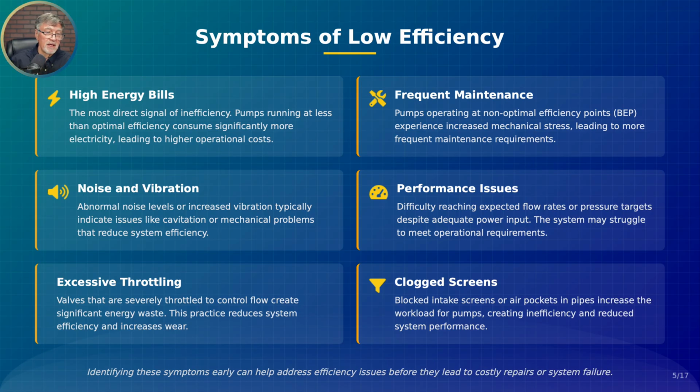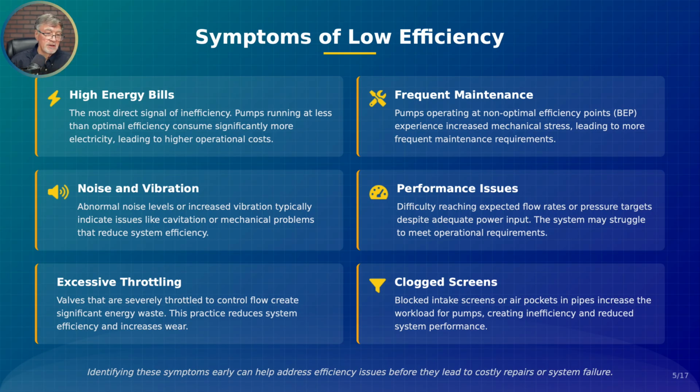That can increase things like cavitation, but it can also affect other parts of your system too if you have a lot of vibration. Performance issues: difficulty reaching expected flow rates or pressure targets, despite adequate power output, means your pumps aren't operating efficiently. So you're getting enough power to those pumps, but they're not operating optimally. There's something wrong with the pump, and that's where wire to water efficiency comes in.